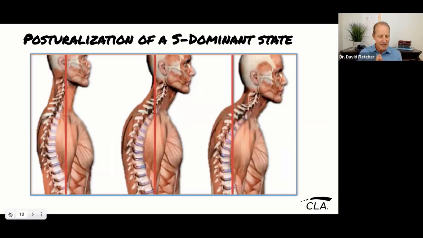As we go into the visualization of this, and we'll look at this in just a moment, I put this slide in because I think this is really important to understand: we can begin to see posturalization, in this case of a sympathetic dominant state. It's very important to recognize that when we overtax or trip the switches, our autonomic system is designed to identify a threat.